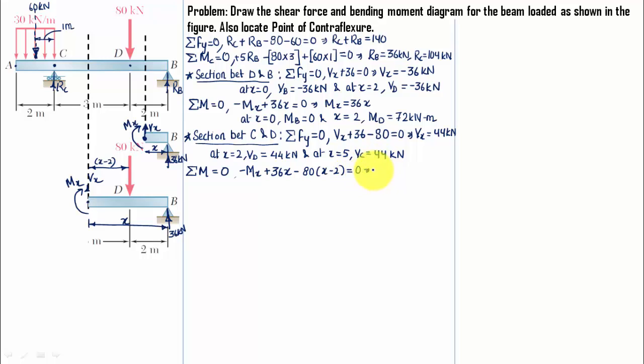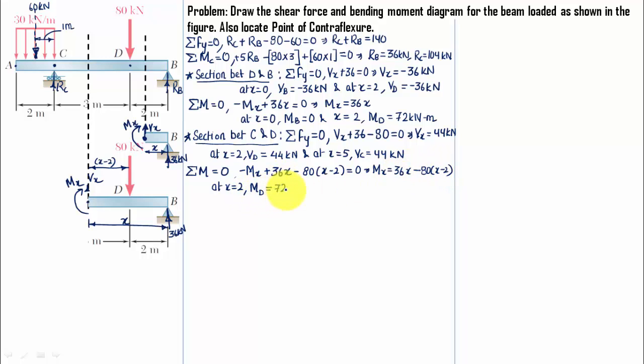Let me reframe this in a better way. We have Mx is equal to 36x minus 80 times (x minus 2). So when you put the value of x equal to 2, you'll find the moment at D. At x equal to 2, the moment at D is going to be: 2 minus 2 is 0, 36 into 2 is 72.